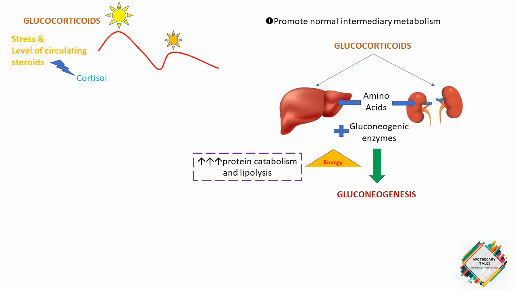So when there is an insufficient amount of glucocorticoids, a sufficient amount of glucose is not being produced. As a result, it leads to hypoglycemia. For example, circumstances where glucocorticoid insufficiency occurs are stressful periods or fasting. The second action is that it increases the resistance to stress.